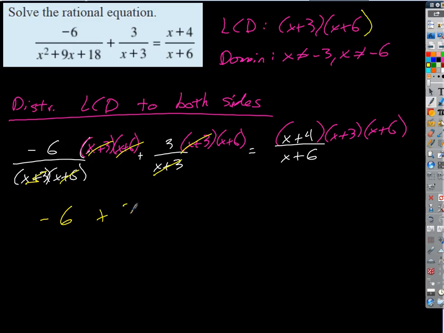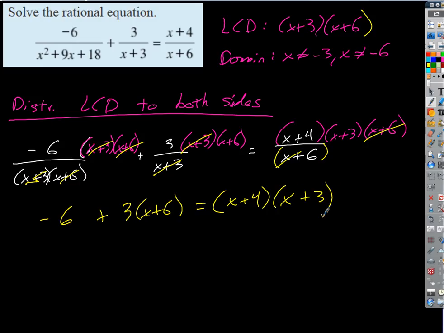X plus 6. Right? And then over here I have an x plus 6, that's going to cancel, leaving me with an x plus 3 times whatever was there in the numerator. So there's the equation I'm going to solve, right? And at that point it gets pretty simple, then it's just solving a quadratic equation.